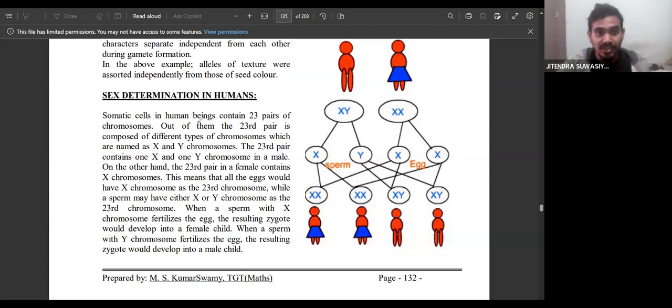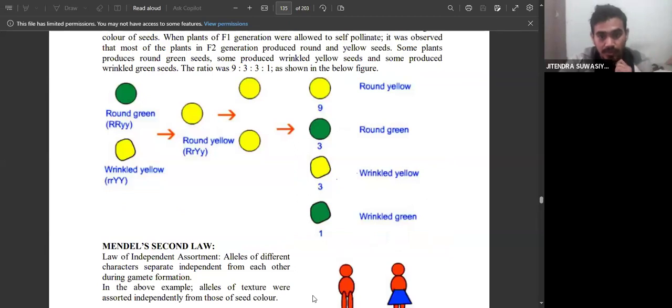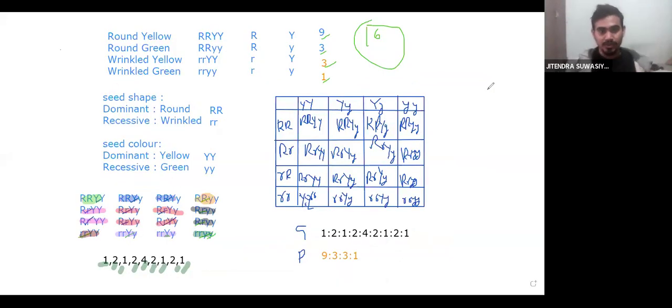The characters separate independently from each other during gamete formation, and alleles of texture were assorted independently from those of seed color. See here, the round green was there. You can see here the alleles were independently assorted. How?